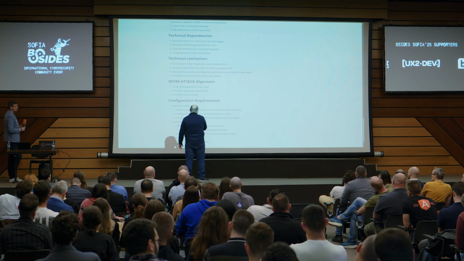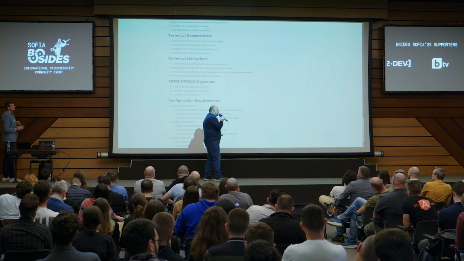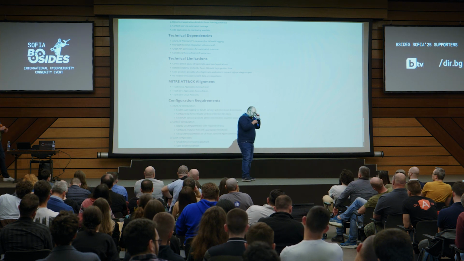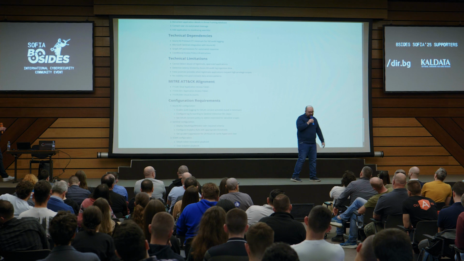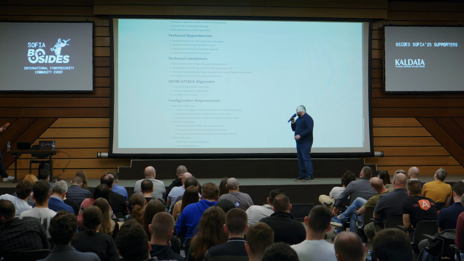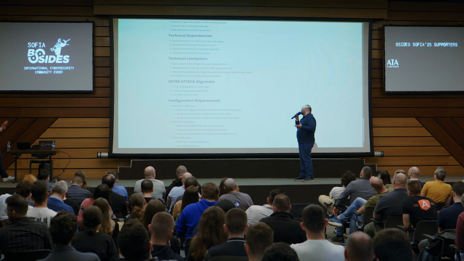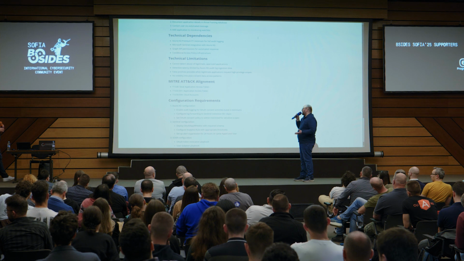MITRE mapping. People use kill chains, MITRE mapping. You want to put it somewhere so it can be classified, and so you have an idea where your detection is covered and where it's not and where you need to work.